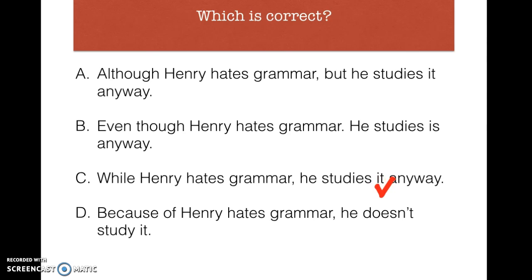That's fine, because we have a comma after the adverbial clause. For the last one, because of Henry hates grammar, he doesn't study it. Grammatically, this doesn't make sense. Because of, we need a noun after that, and we have a clause.